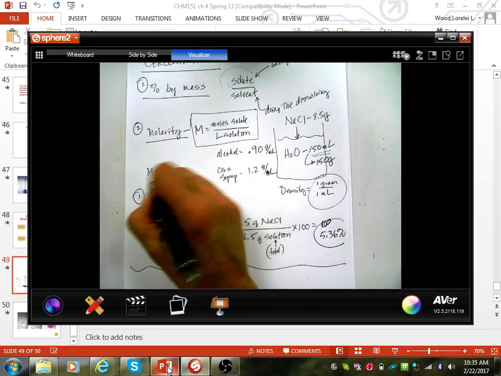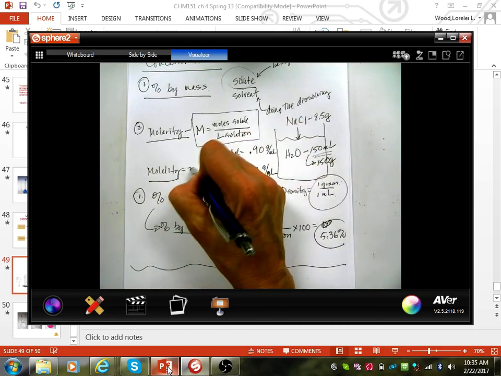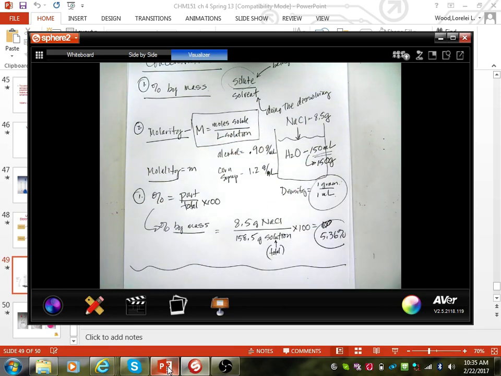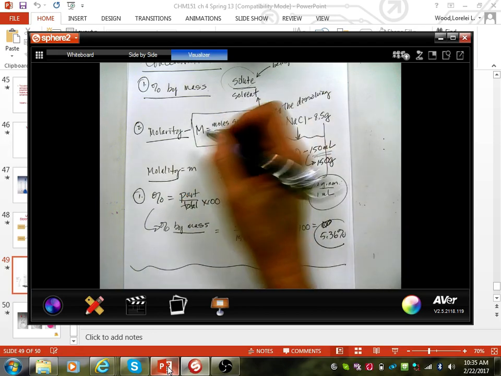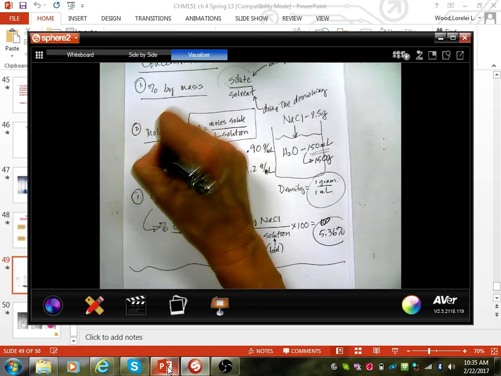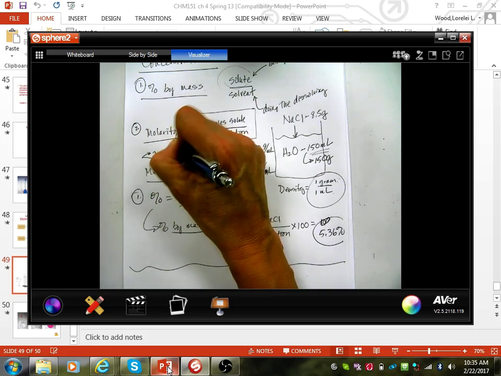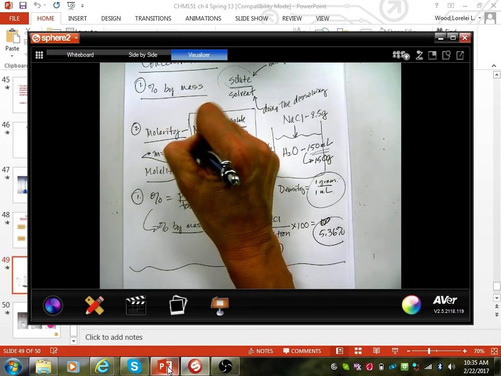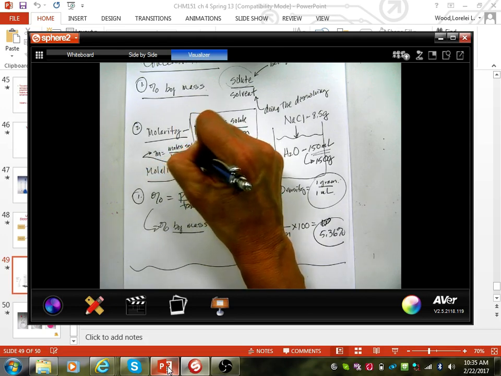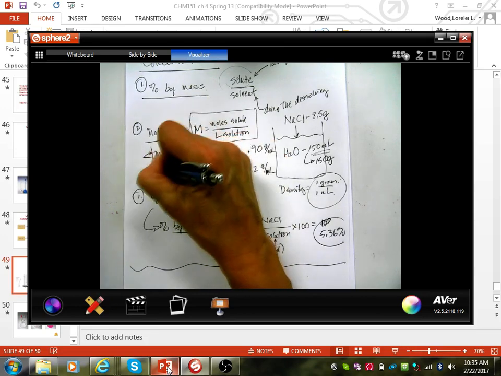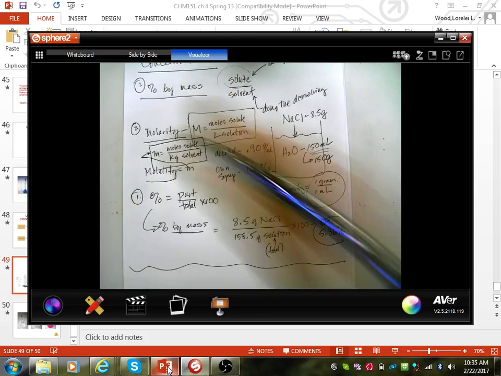Molality is slightly different. For molality, we use lowercase m. Molality is equal to moles of solute divided by kilograms of solvent. That's very different than molarity.